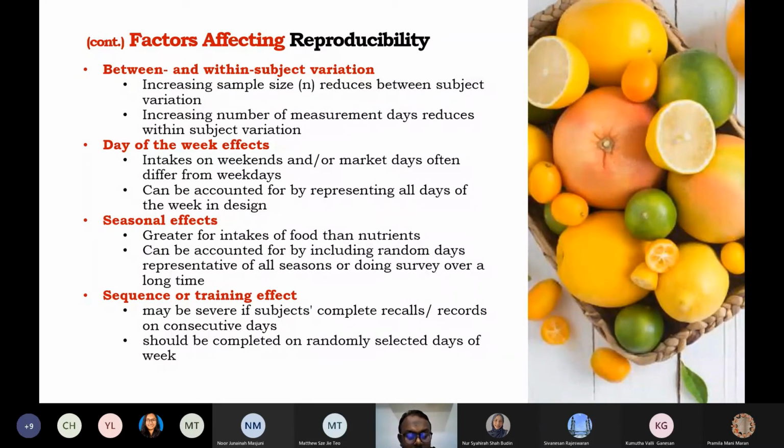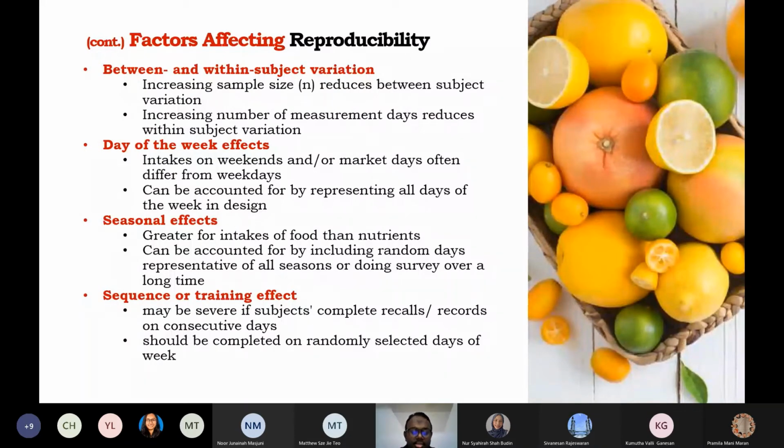The sequence or training effects. So when you do reproducibility, you have test 1 and test 2, right? So the sequence or training effect is possible. It may be severe if subjects complete recalls or records on consecutive days.